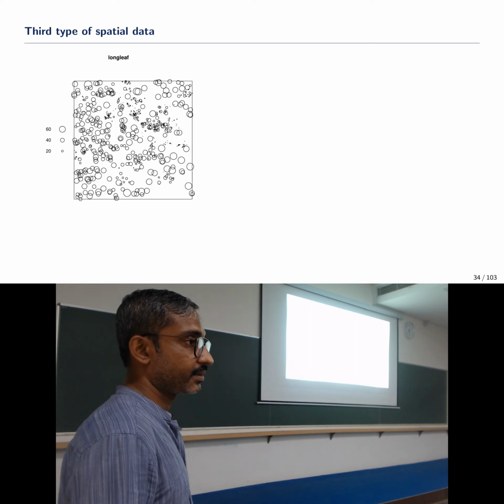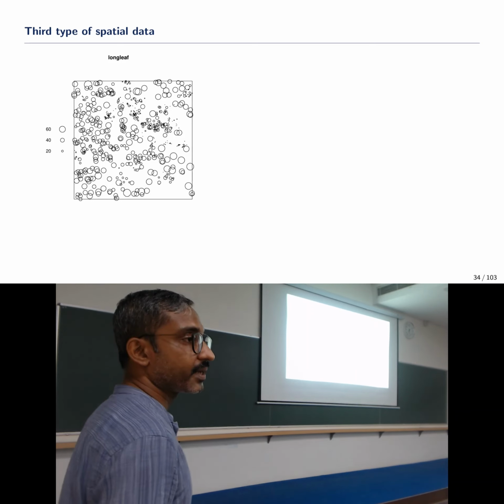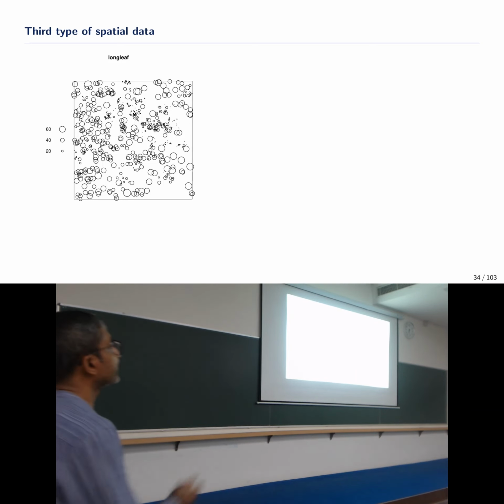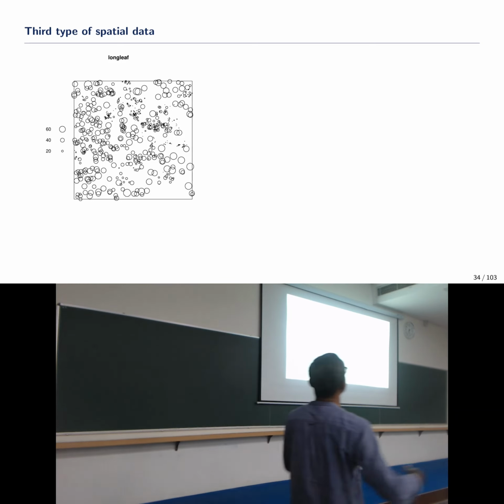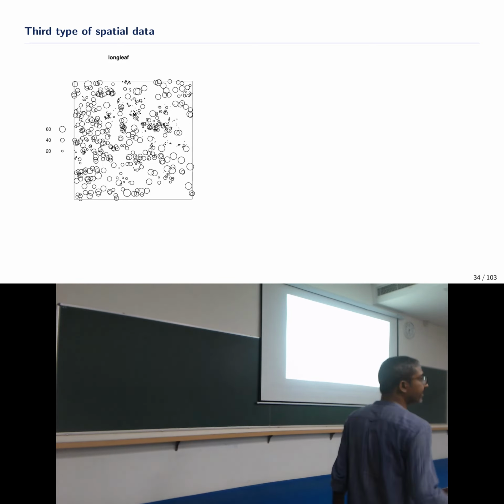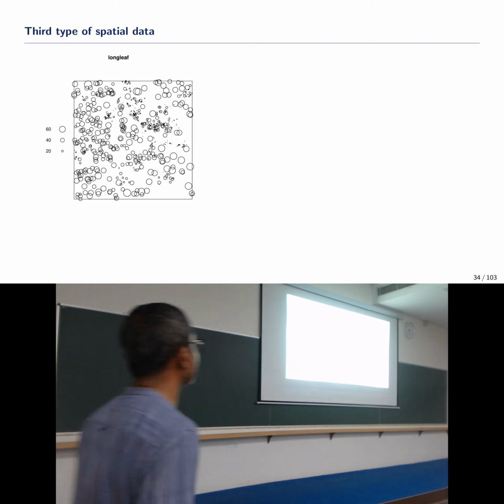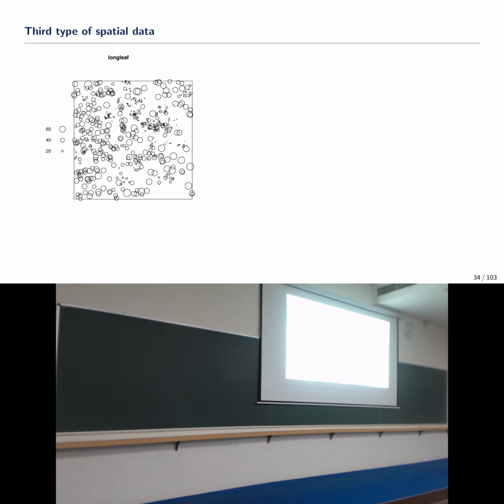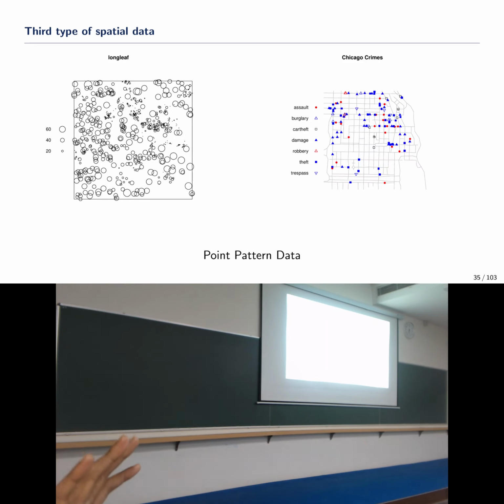Each point corresponds to one pine tree. As the circle gets larger, the width of the trunk gets bigger, and a smaller circle denotes a smaller trunk. So that is another kind of data that we have not encountered so far.